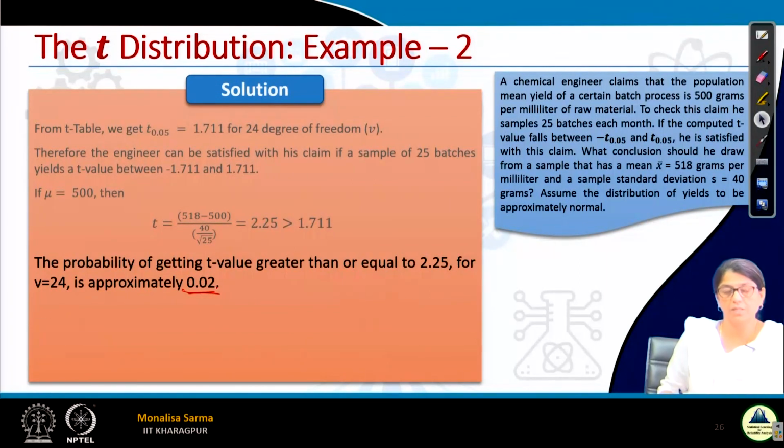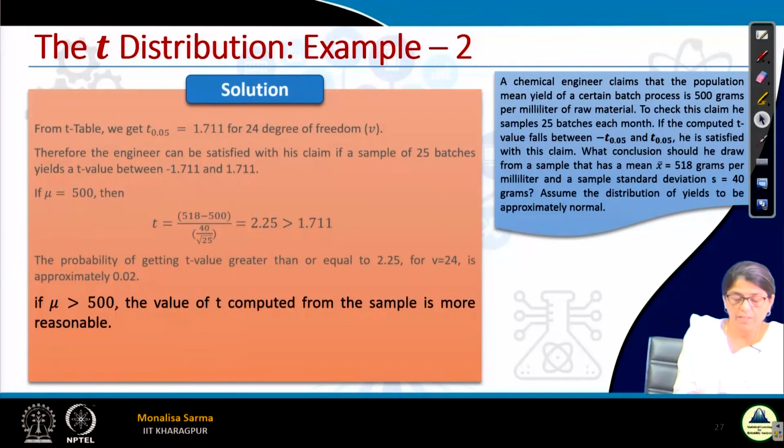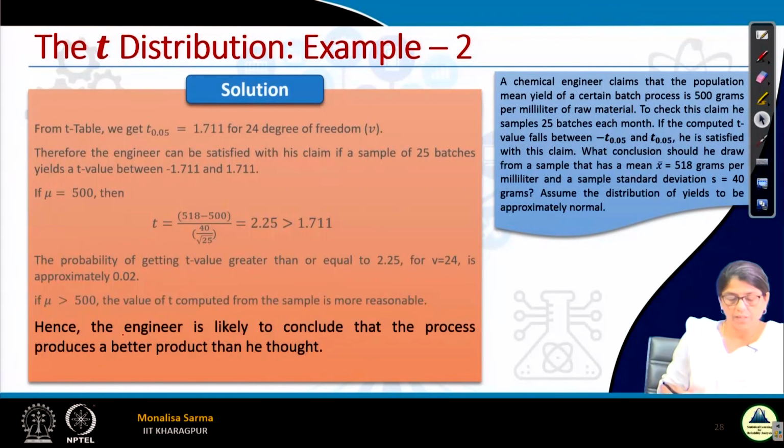That is my first observation. Second, if mu is greater than 500, the value of t from the sample is no more unreasonable. Third, hence the engineer is likely to conclude that the process produces a better product than he thought. Actually, he was pessimistic instead of optimistic. He was telling that his mean yield is 500, but he didn't know that his process yield is much more than that. If he had predicted a much higher process yield, his value would have been within this range.